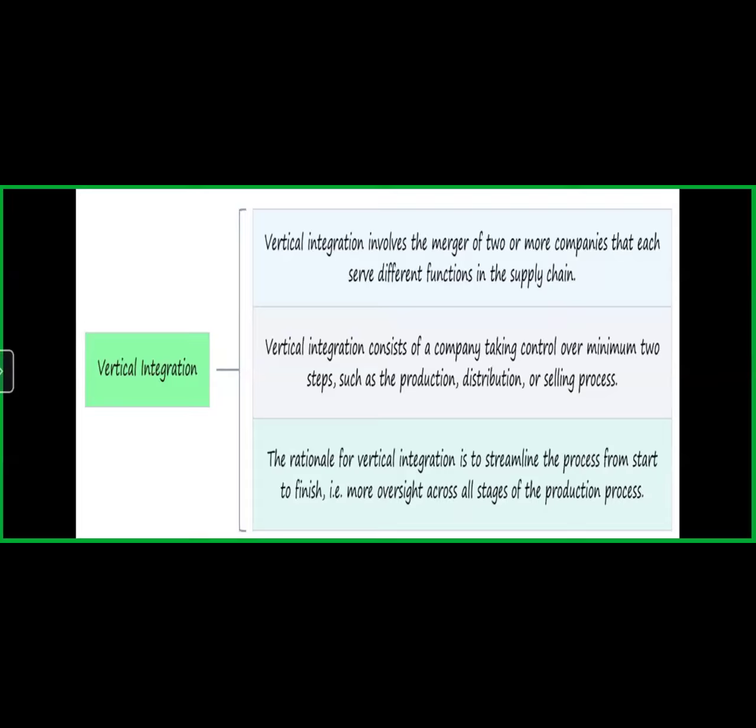The most important part for quality production is raw material, so let's acquire the company which is supplying us raw material, so that we can be guaranteed good quality raw material every day throughout the year.